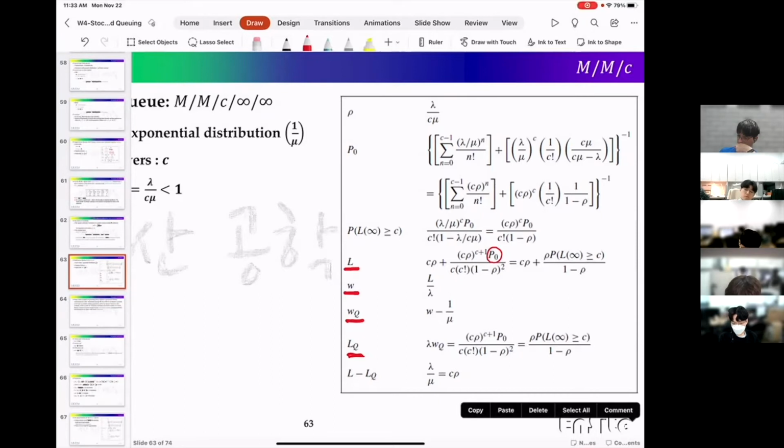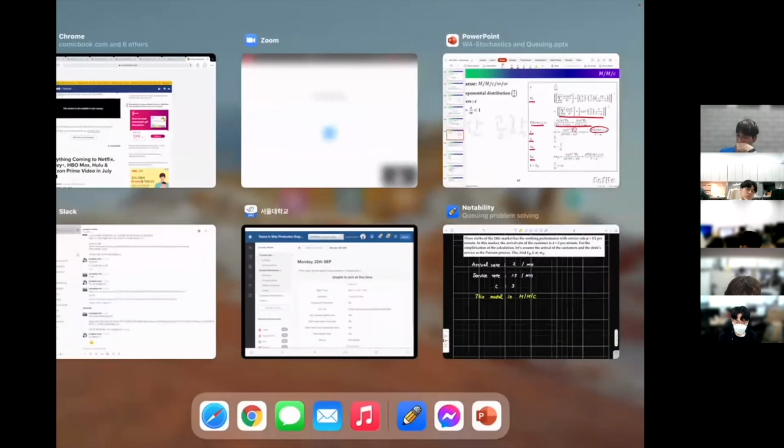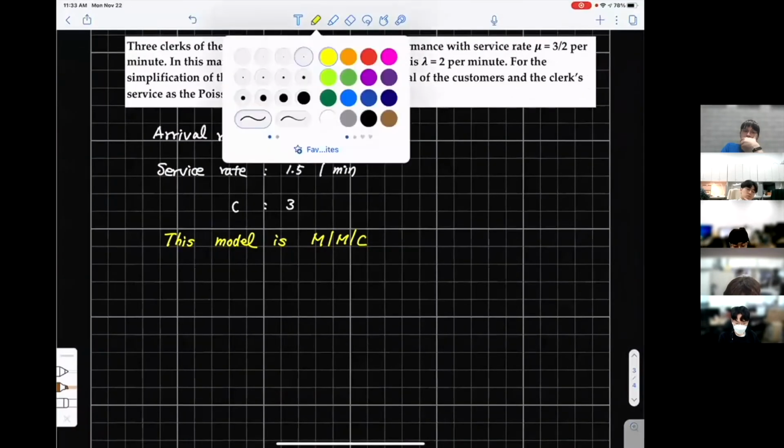Also, we have to calculate this part. This part means, in the long-term perspective, the probability that more than c people are staying in the system on average. So these two formulas are a little bit complex.